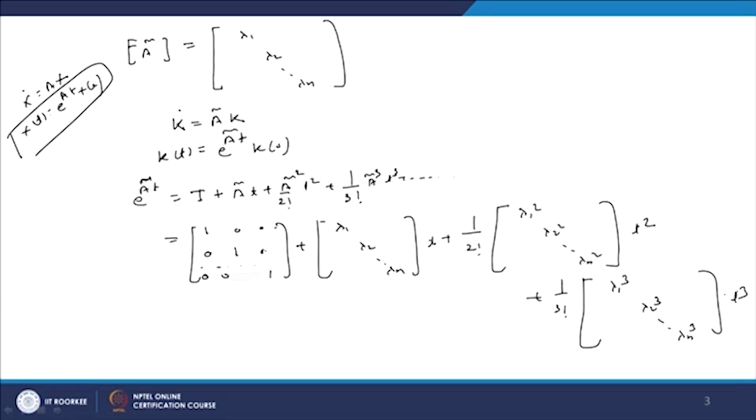Now, we can add the elements of each row and see what result we will get. If you add these elements, you will get 1 plus lambda 1 t plus 1 by factorial 2 lambda 1 square t square plus 1 by factorial 3 lambda 1 cube t cube, and all the other elements are 0.